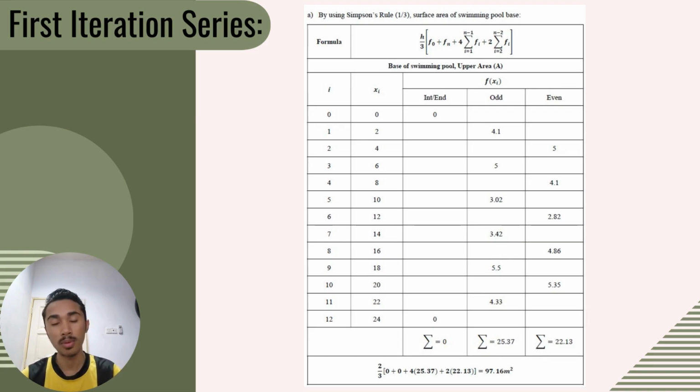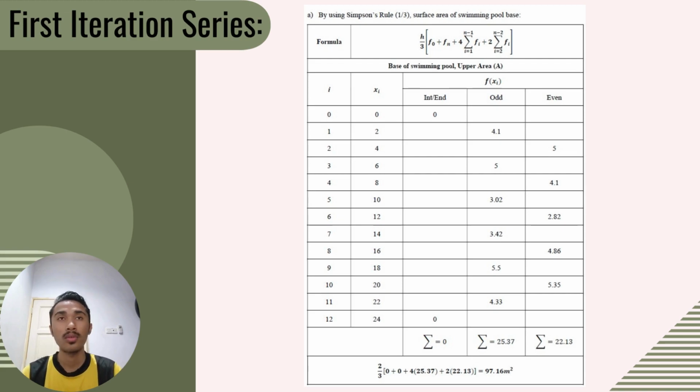There are upper parts and lower parts. The upper part represents the upper surface area of the swimming pool base, and the lower part represents the lower part of the swimming pool base.